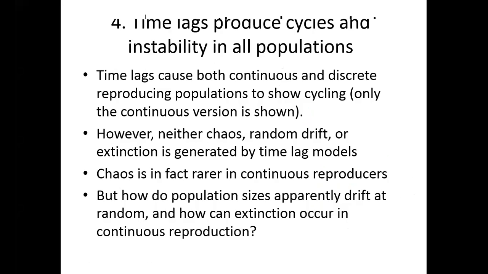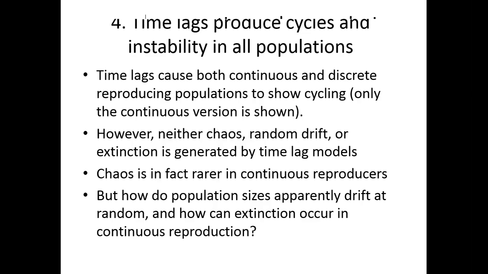Okay. So let's summarize time lags. Time lags cause both kinds of populations to have fluctuations. All I did was show you the continuous version, because you get the point. We don't have to show you both. This is not an advanced population biology class. But we can't get chaos, we can't get random drift, and we can't get extinction from time lag models.